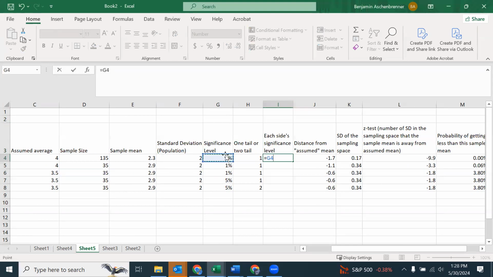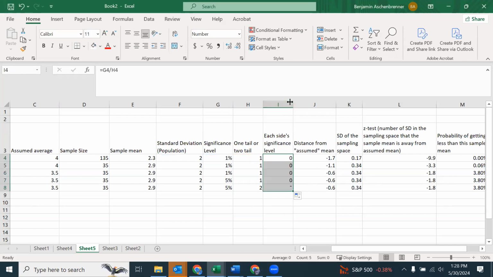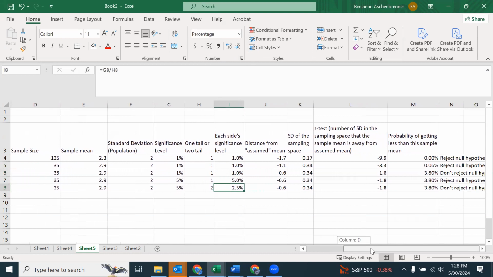So in a one tail, I'm leaving it the way it is because I'm dividing by 1, but in a two tail, I'm splitting it in half, which means the 2.5% becomes the significance on the left and the right. And now the 3.8% is above that, so I don't reject the null hypothesis.